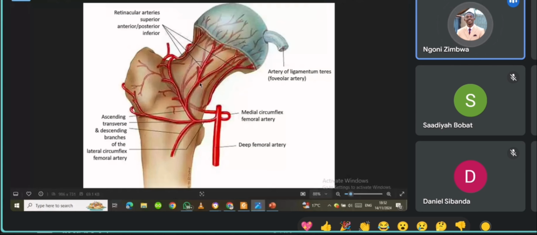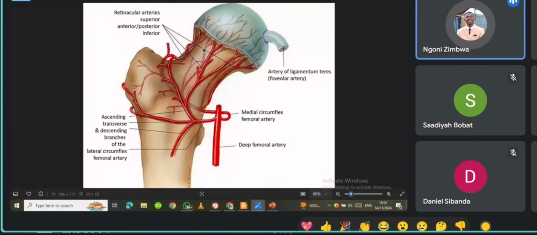And then, remember, we said we have subcapital fractures. If I am going to draw a fracture here, that will be a subcapital fracture. These fractures are more prone in women in the post-menopause phase of life.